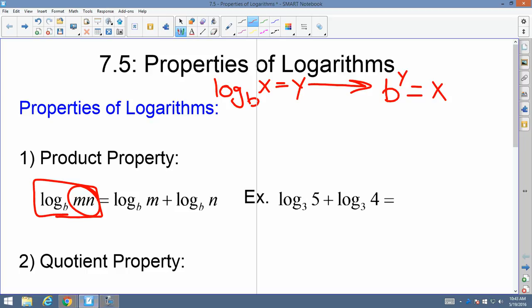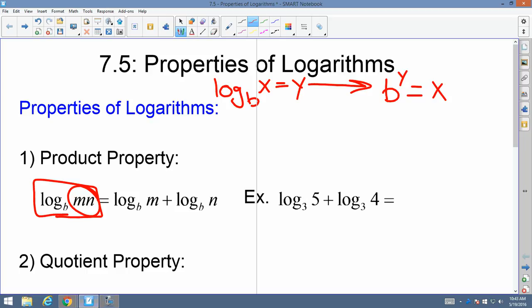So log base b of m times n expands into log base b of m plus log base b of n. So just like in exponents, when you multiply the same base, you add the exponents. Here, when you're multiplying two values with the same base, you can add those individual logs.